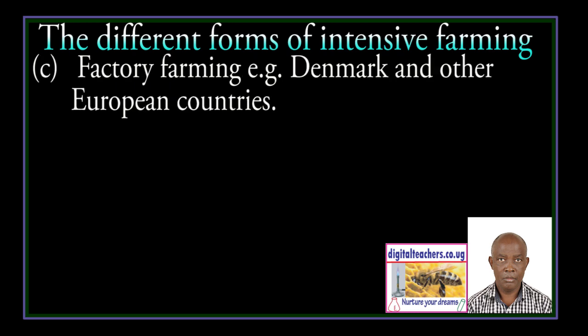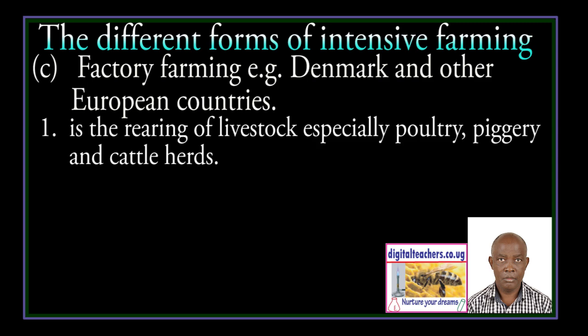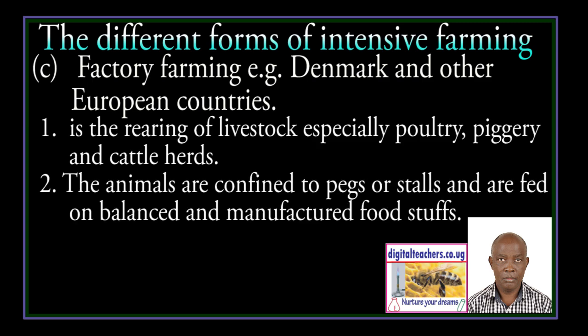C. Factory farming. For example, Denmark and other European countries. It is the rearing of livestock, especially poultry, piggery, and cattle herds. The animals are confined to pens or stalls and are fed on balanced and manufactured foodstuffs.